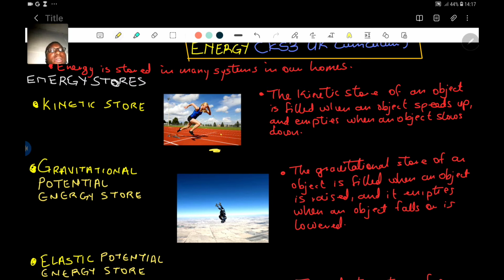So we have different types of energy store. The first one we're going to look at is the kinetic store. The kinetic store of an object is filled when an object speeds up and empties when an object slows down. I want you to look at it in this way. Let's say you have a jar, and this is the kinetic energy store of a particular object.